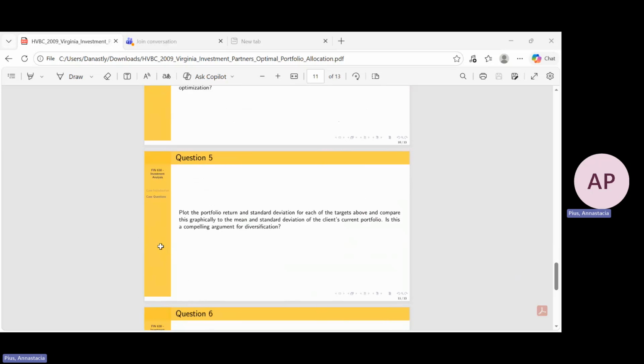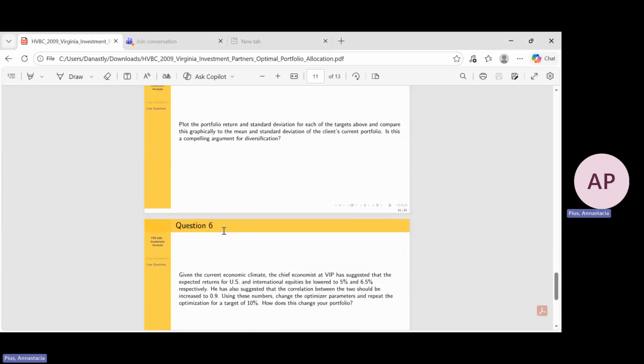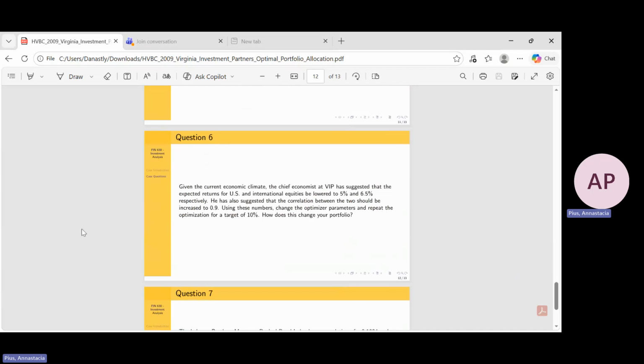Then there was the last question, question 6. I was supposed to replace some of the correlations, also lower the expected returns at given points, and assign a target of 10%. So at this point, I did that, and on doing that, I gained different results.